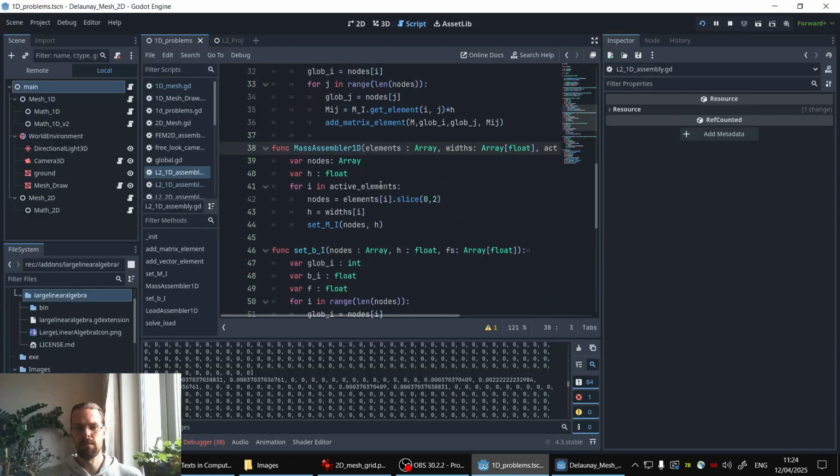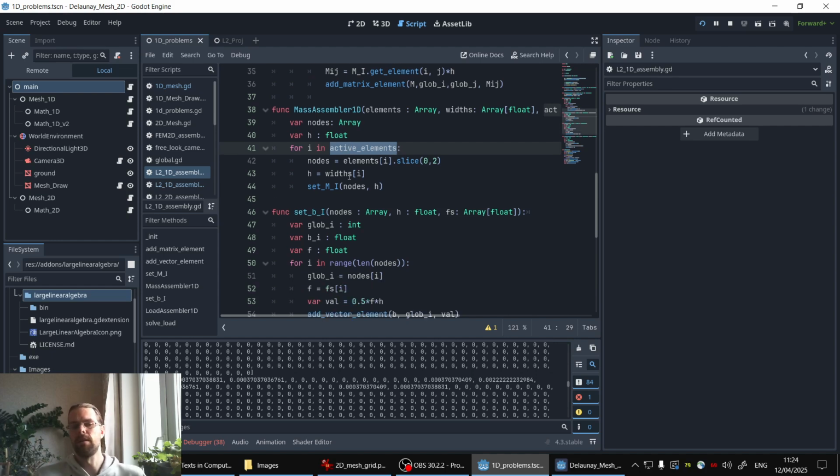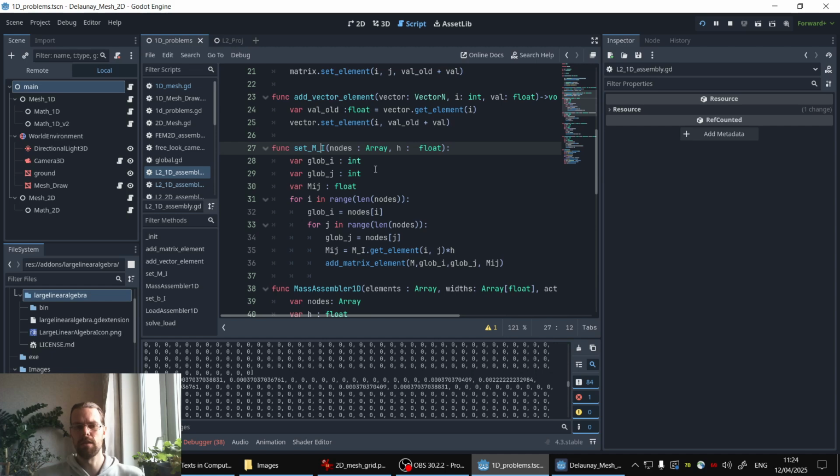This is the idea. We just go through all the active elements, not functions anymore, not ordered, doesn't matter. And we just set particular elements.